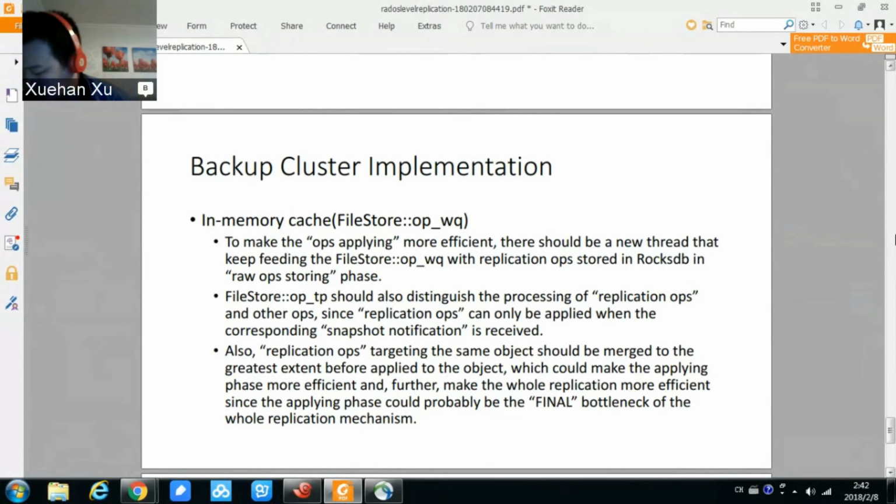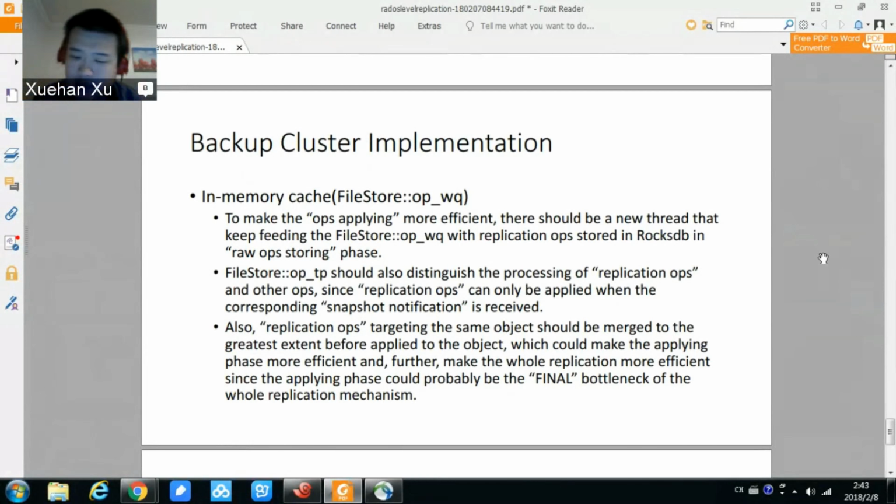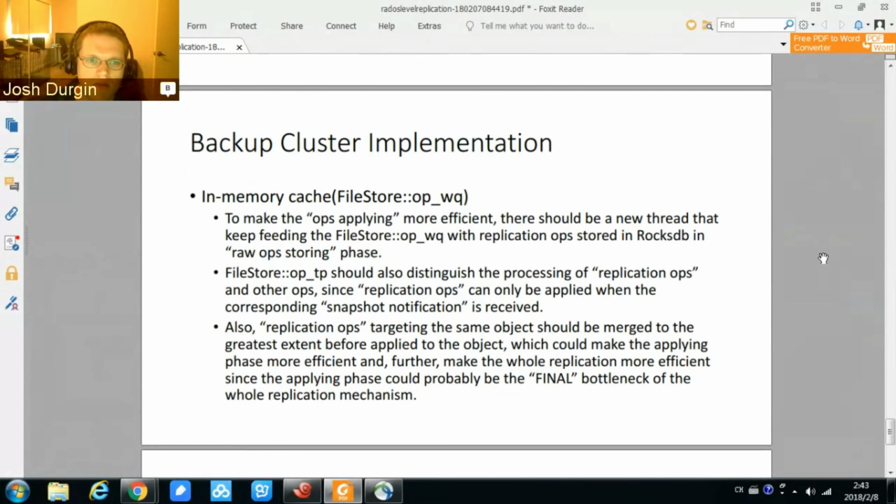Okay. But that's not really a flaw in the design. That's just a detail of the implementation. Sorry, I didn't hear you clearly. I'm saying that it's not really a flaw in the design. It's just a detail of the implementation where you're storing those.